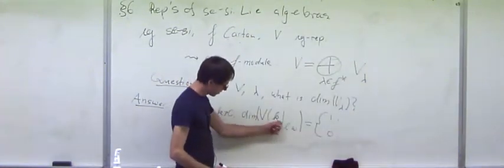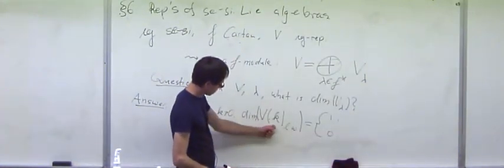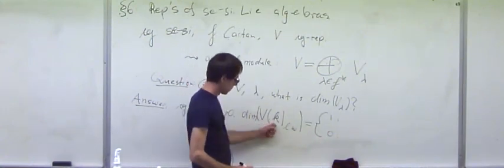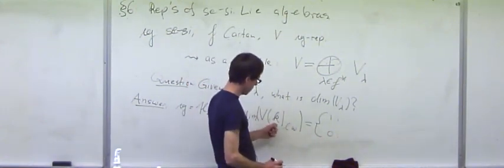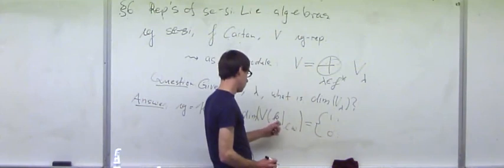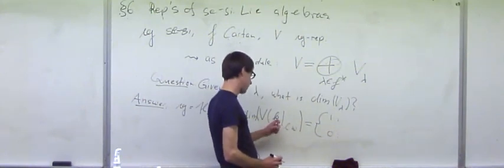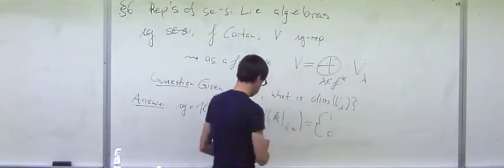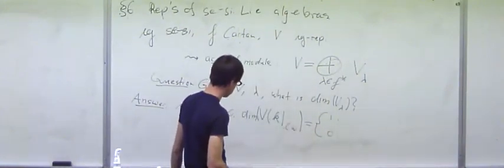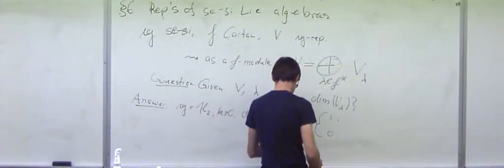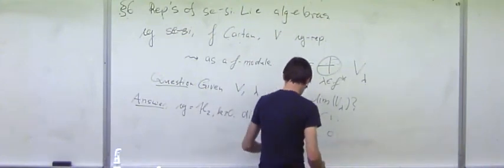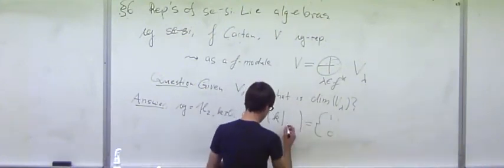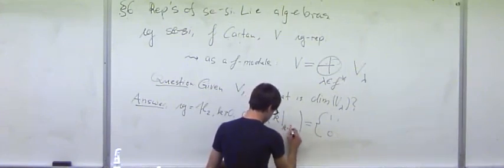The weights of this vector space were k omega, (k minus 2) omega, (k minus 4) omega, and so on. So how do I express this in these coordinates? Let me just change the coordinates: (k minus 2L) omega.